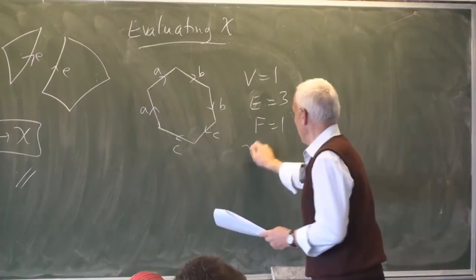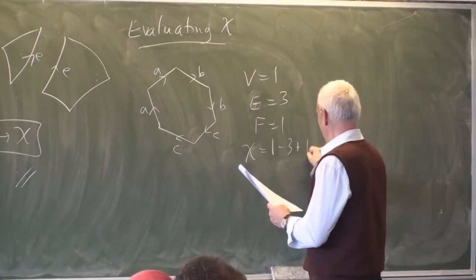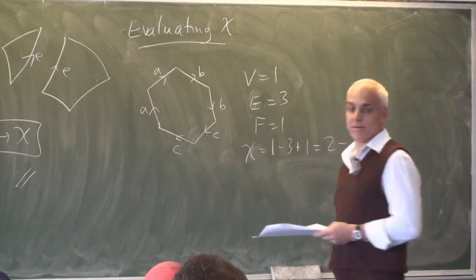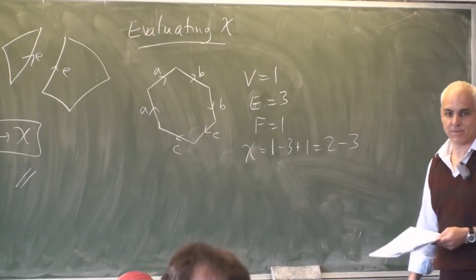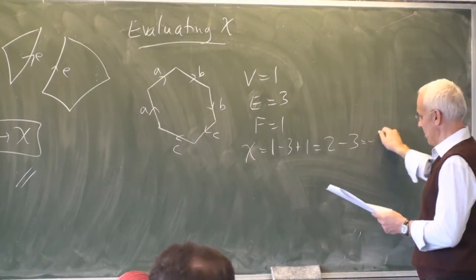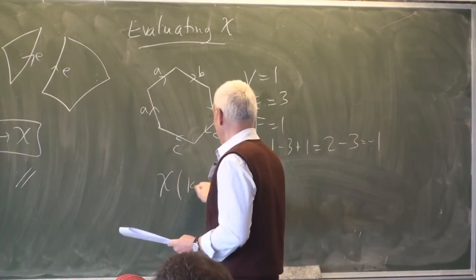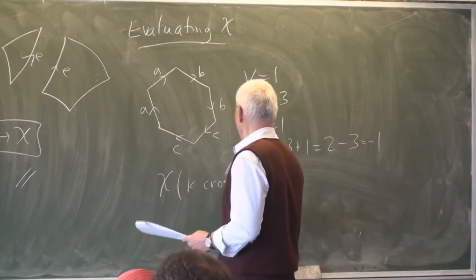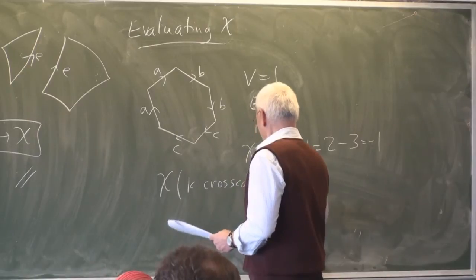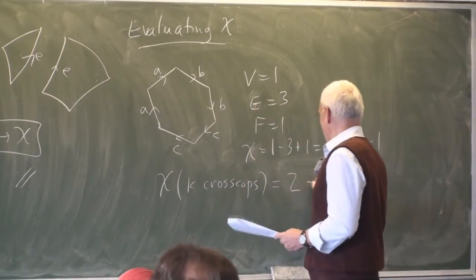And so chi equals 1 minus 3 plus 1. That's 2 minus 3, which in this case is minus 1. But in general, we can see exactly the same way that if you have k cross caps, then you're going to get 2 minus k.